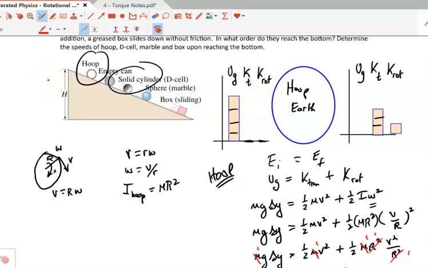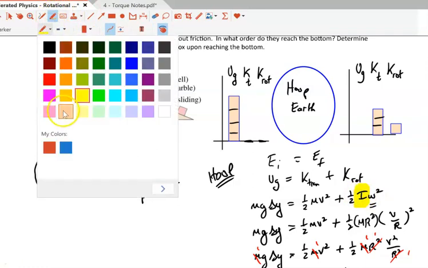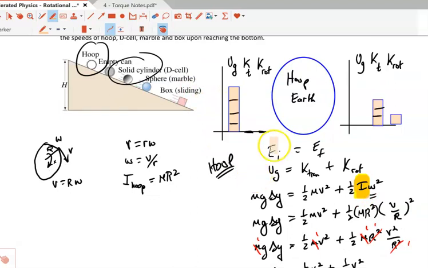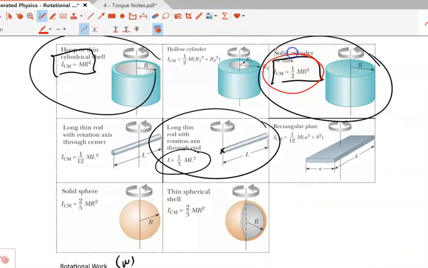So the one big change is this rotational inertia right there. That's the change that we're going to see. Let me highlight that. So what we need to find is the rotational inertia of a solid cylinder. Going back to your notes, a solid cylinder is 1/2 mr squared.